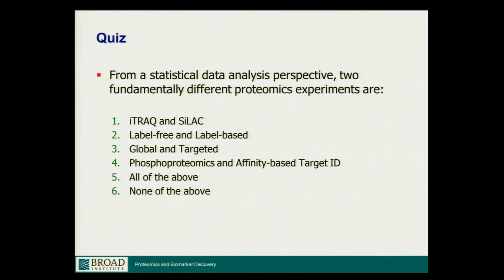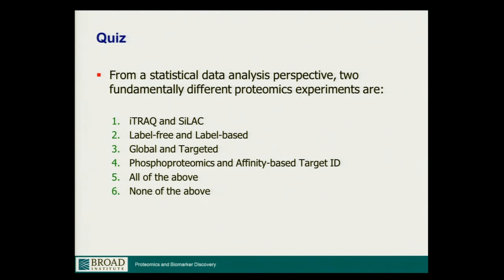The main idea here is that in a global proteomics experiment, which people have also called a discovery proteomics experiment, you don't know what you're looking for. You are interested in two different states, like cancer versus control, or two different cell types, or two different classes, I would call them, from a statistical perspective.